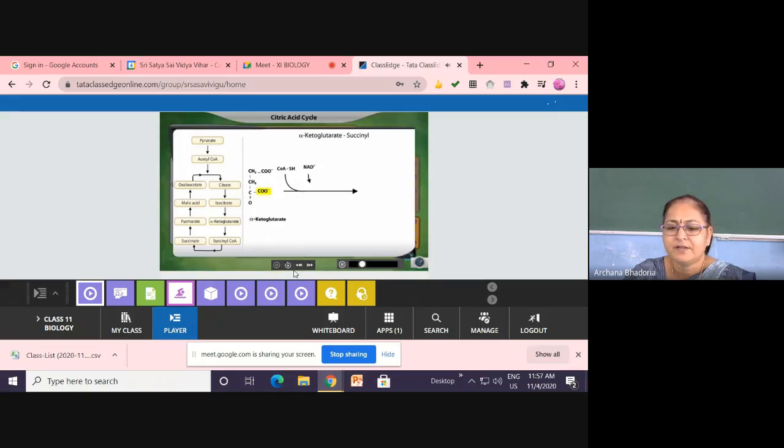Alpha-ketoglutarate undergoes oxidative decarboxylation to form succinyl coenzyme A. A molecule of NAD+ is reduced. So this is the previous reaction, children, when alpha-ketoglutaric acid is getting converted into succinyl coenzyme A. So this way, the numbering you do it correctly, okay?